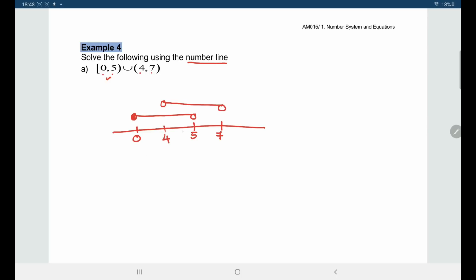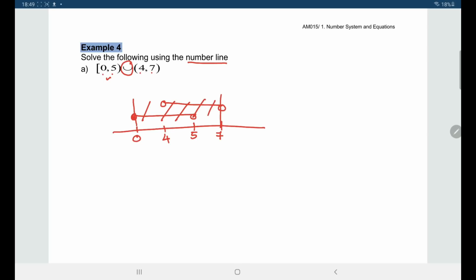What is the solution? We have to go to the relation here, and the sign is union. The clue for union: if the union has the line, that should be the answer. So the answer is from 0 to 7.